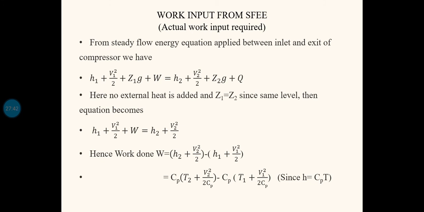Every property corresponding to that stagnation state is known as a stagnation property. Usually it is represented by a suffix 0, so P0 is the stagnation pressure, T0 the stagnation temperature, like that. So T plus V square by 2Cp is the stagnation temperature. T2 plus V2 square by 2Cp is T02, and T1 plus V1 square by 2Cp is T01.